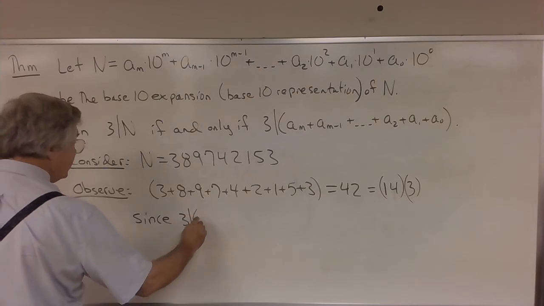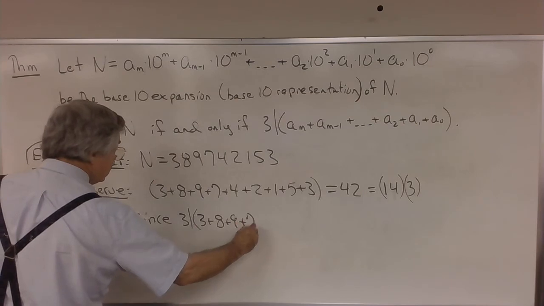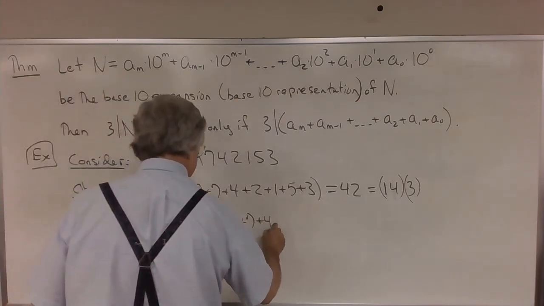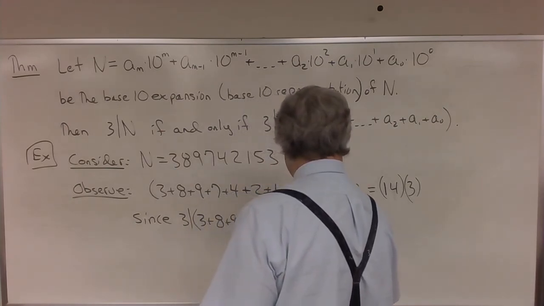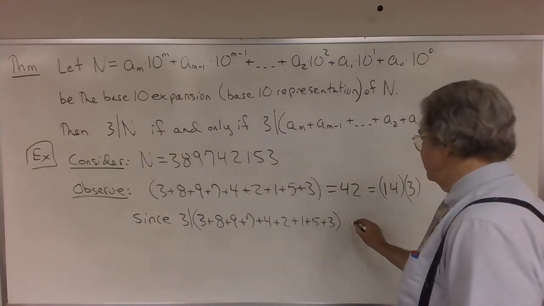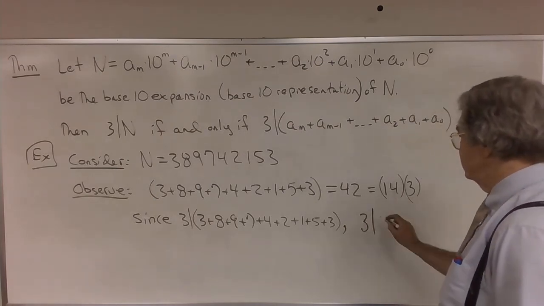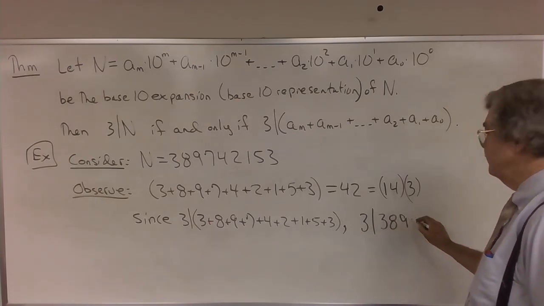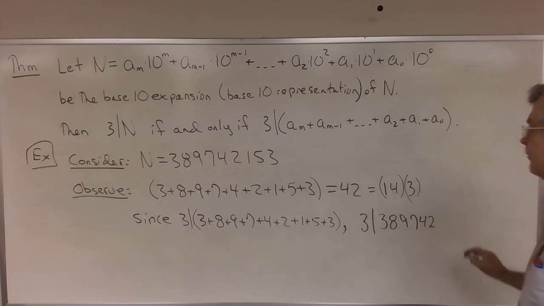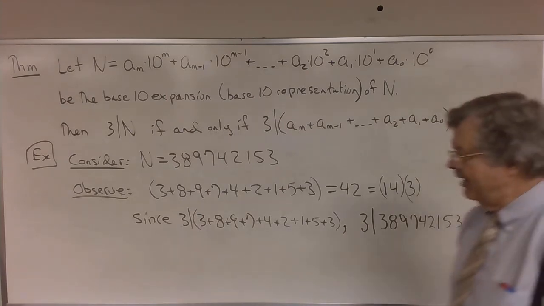So since 3 divides the sum of these numbers, since 3 divides the sum of the digits, 3 divides the number itself.